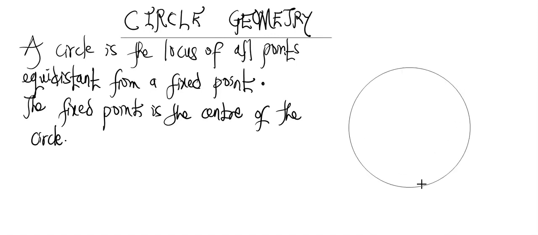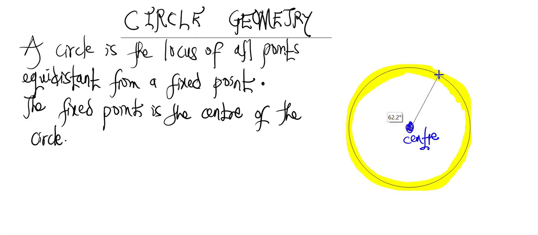So we have a circle. This is the center of the circle. All points, the locus of all points having equal distance from this fixed point called the center.